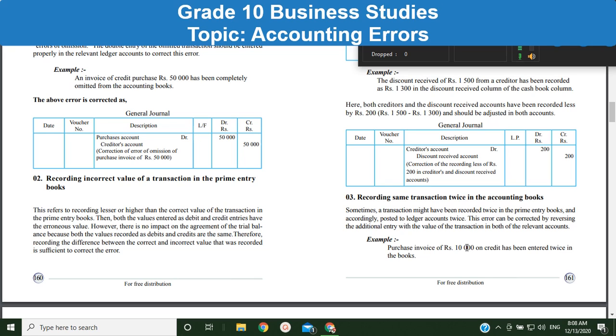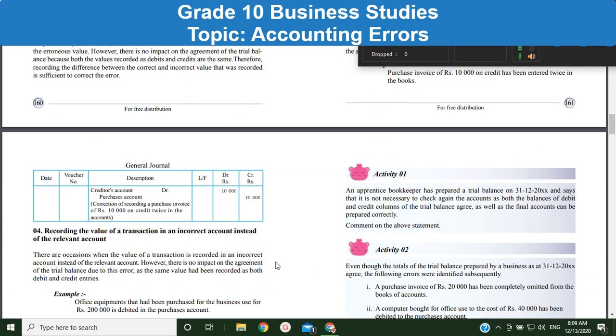We cannot take the eraser and erase, so we have to go for the opposite entry. Normally purchase is on the debit side, so the debit side you had entered two times, then you have to post one time in the credit side of the purchase account, and the other one in the creditors account.